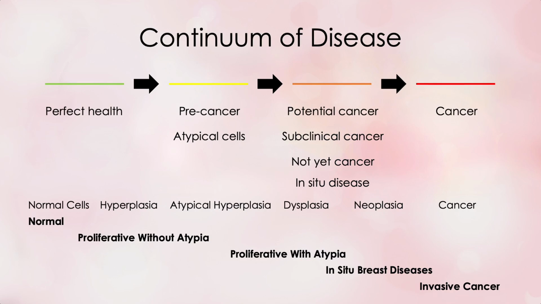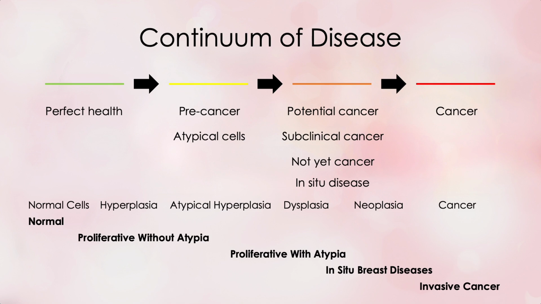Now, if I add to our continuum the different degrees of breast diseases using the terms you used last week for the benign breast diseases, you get this. Due to space constraints, I had to create more than one line of text, so I just added them in stair-step fashion. So now you see that normal is still normal.